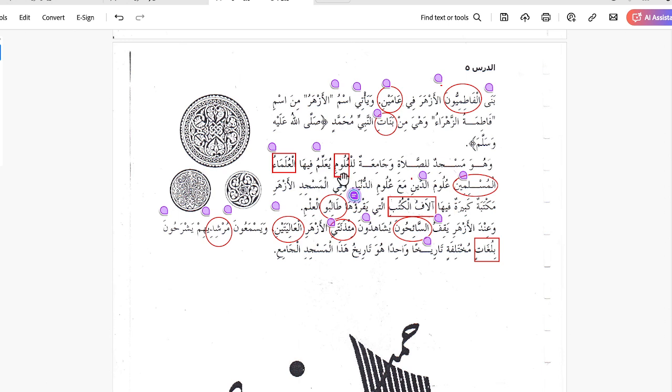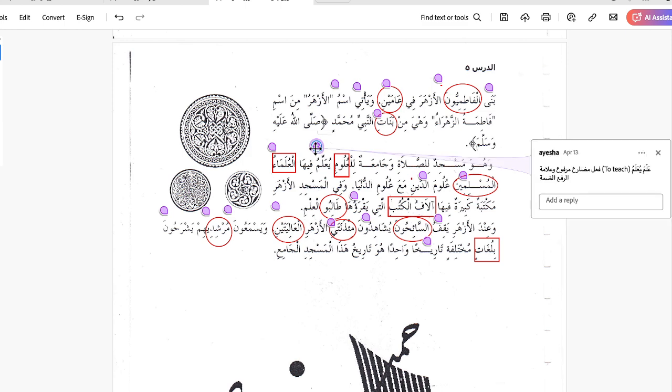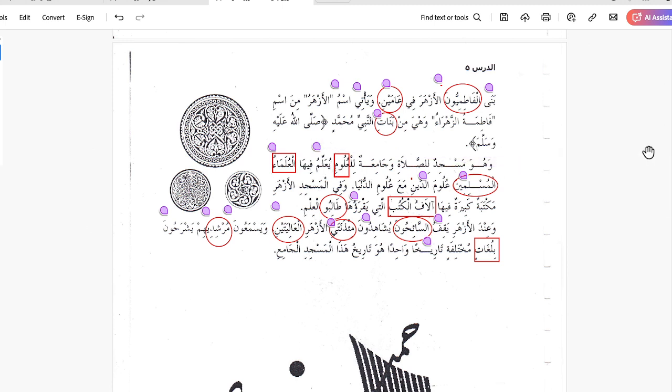So ulum is the broken plural for ilmun, jama taksir. And allama yuallimu, this is the verb. So yuallimu is failun mudariun marfoon walamatul rafi ad-damma, it is the damma here. Fiha jarun wa majrurun, and ulamau is the file for yuallimu. And the file has to be marfu, so it is ulamau, and ulamau is the plural for alimun.